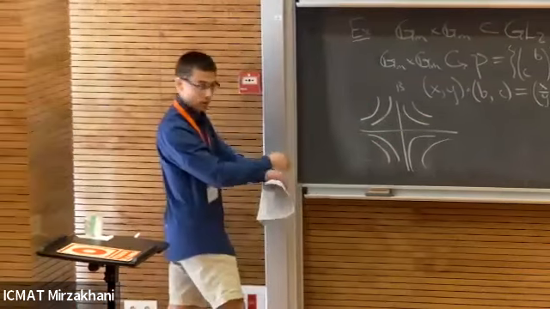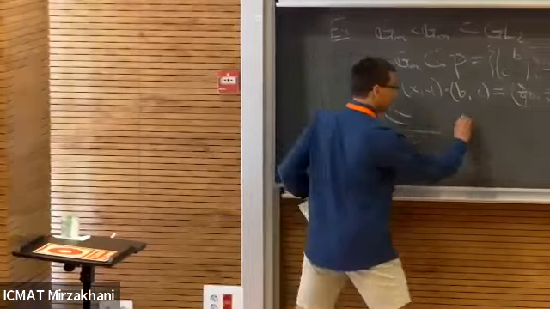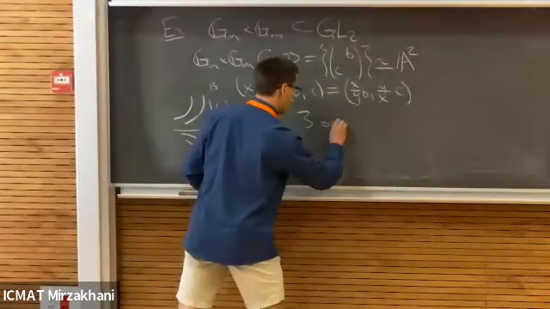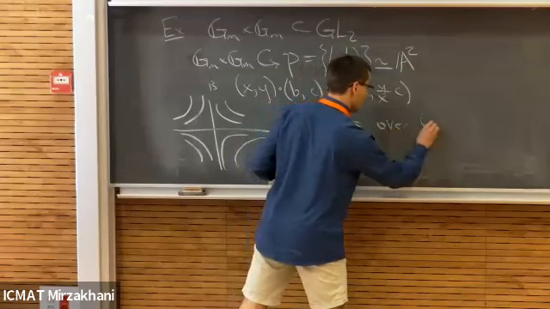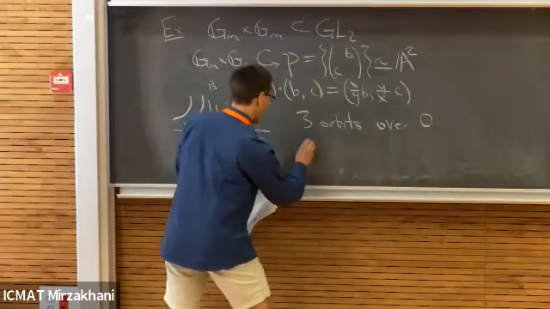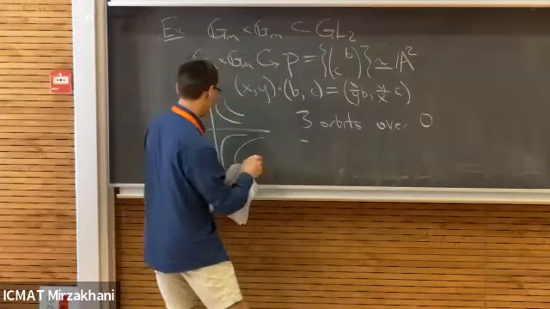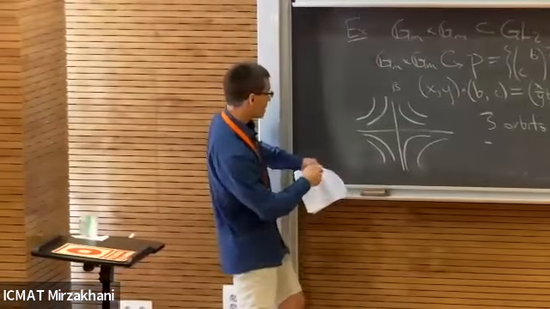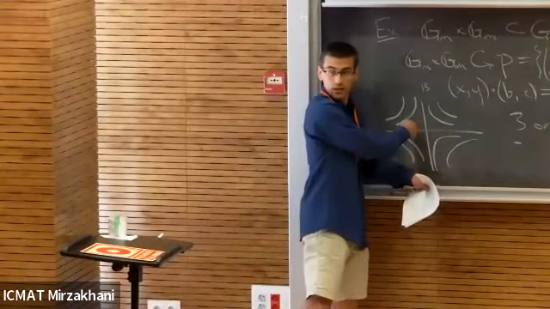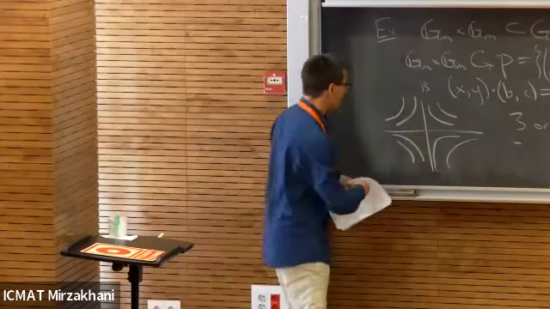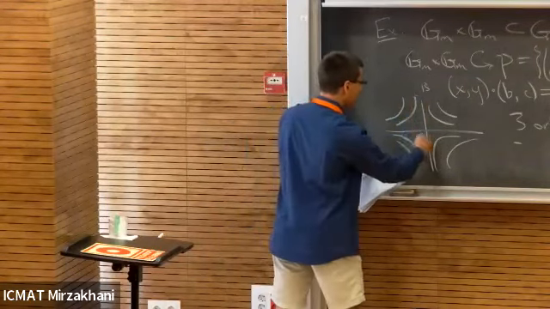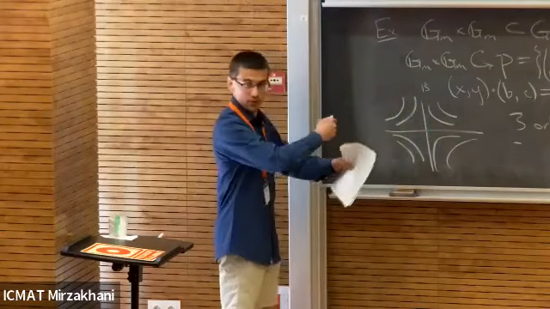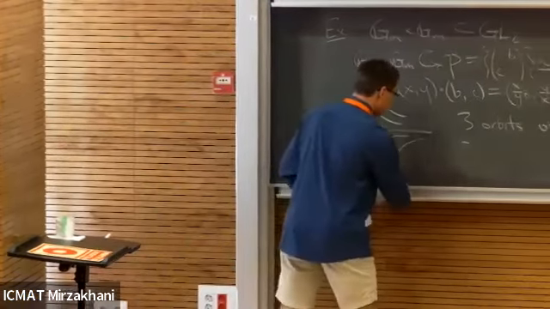And you see over the origin that there are three orbits over 0, over the zero on the GIT. So there will be three orbits lying over these coordinate axes.